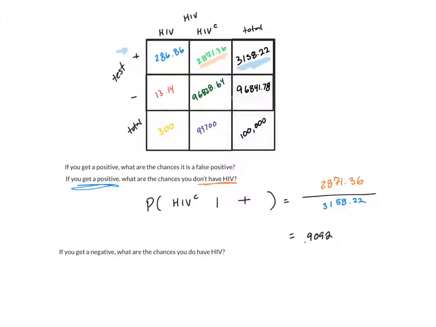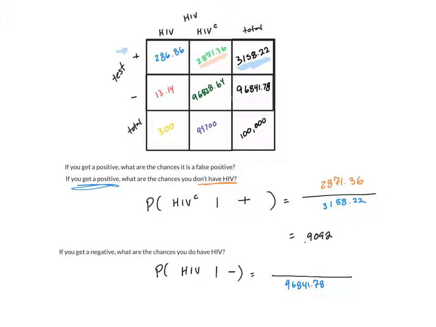Doing this probability here, we want, once again, if you get a negative, what are the chances you do have it? Using these numbers then, I look across and I notice that there are a total of 96,841.78 people who got a negative on the test.